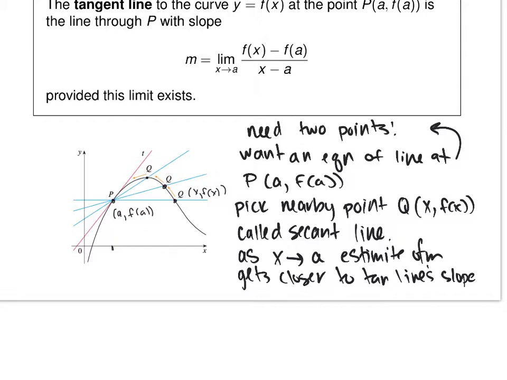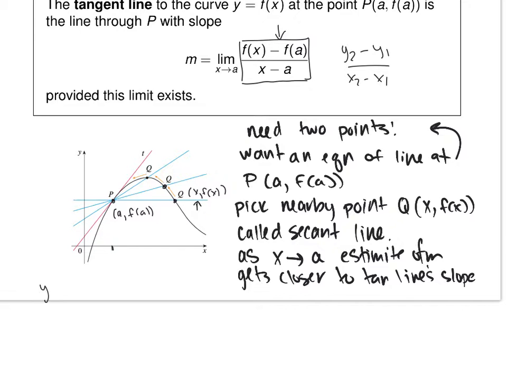Okay. So where does this equation come from? The f of x minus f of a over x minus a. It's y2 minus y1 over x2 minus x1. And so this point is the second point.